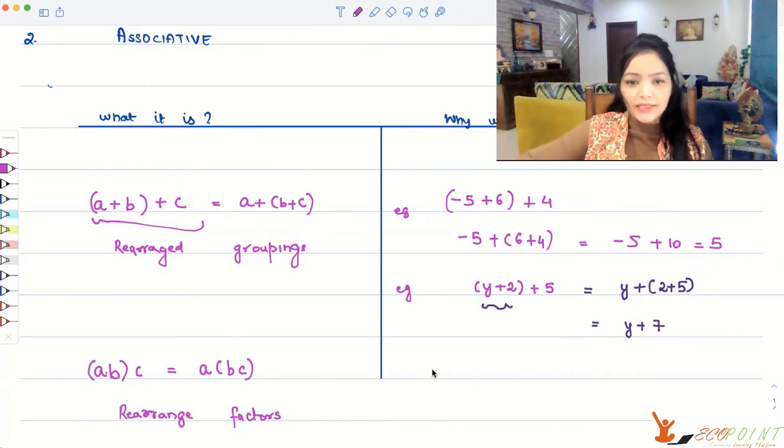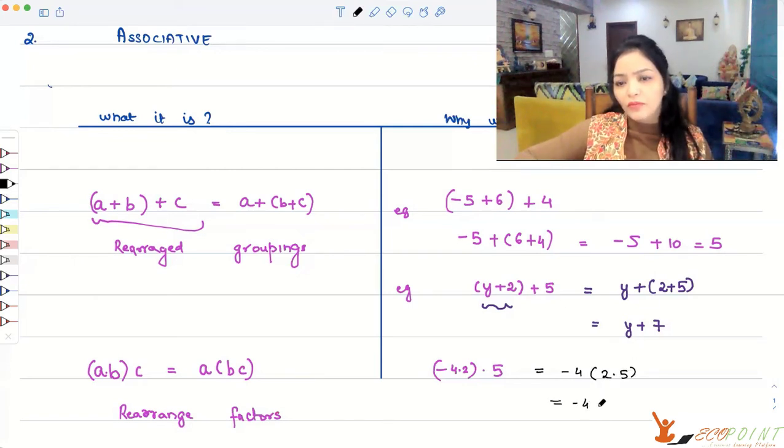Example. Let's take an example of this also. So suppose you have minus 4 multiplied by 2 multiplied by 5. Now what I'm going to do here is keep minus 4 out here and shift the parentheses here, and 2 multiplied by 5. Which is going to give me minus 4 multiplied by 10, and that's absolutely simple.